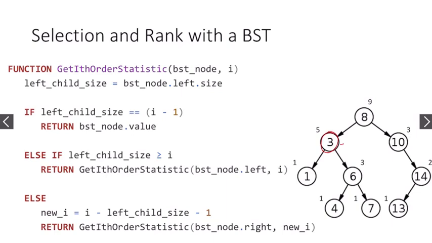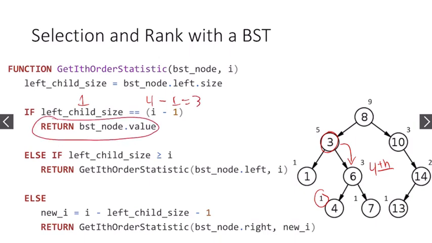If we were to go to the right and not subtract I, we'd still be looking for the 4th order statistic here. And if we follow our algorithm, we always look to the left. So we'd be comparing a left child size of 1 to 4 minus 1, which is 3. So we wouldn't have returned the correct node.